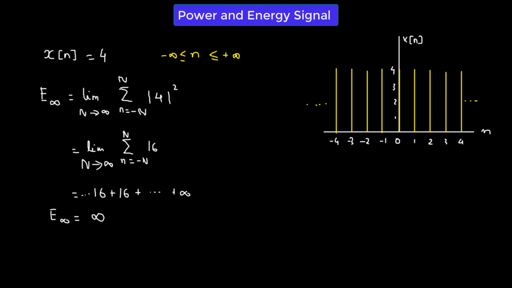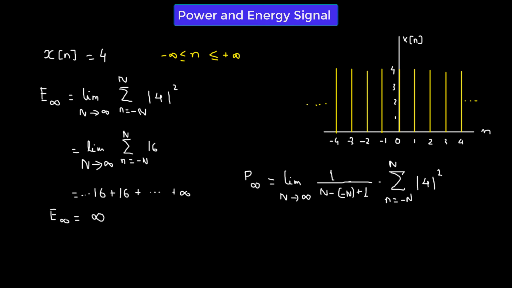So now we try to calculate the average power value. The average power value for this infinite range will be equal to the limit as n goes to infinity of 1 over the upper limit, which is n, minus the lower limit, which is negative n, and we have to account for one more value, which is plus 1, times the sigma from negative n to positive n of 4 squared.